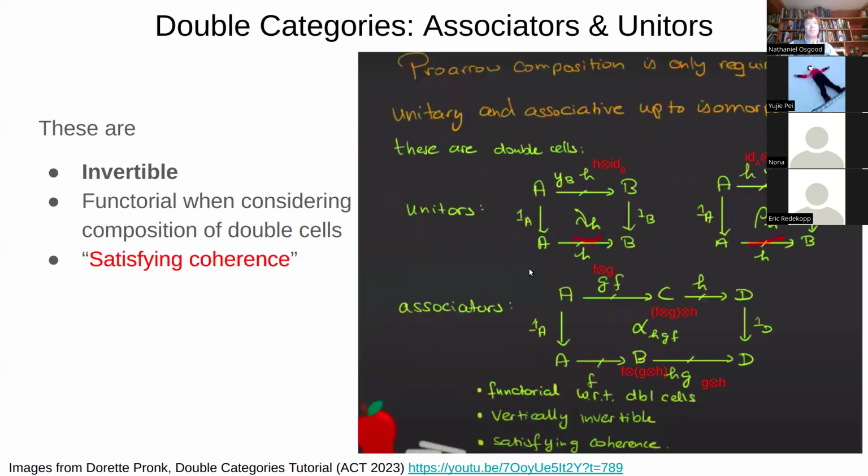And I was saying that associativity is not guaranteed. It's not on the nose, as category theorists like to say. It's not strict, but there's an invertible isomorphism here.